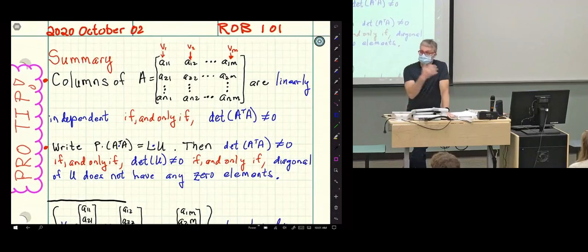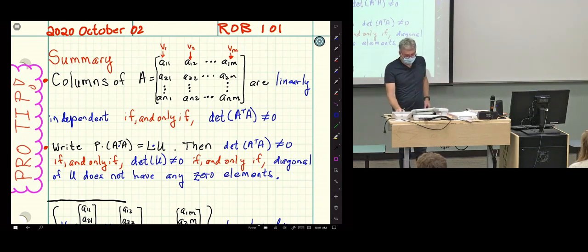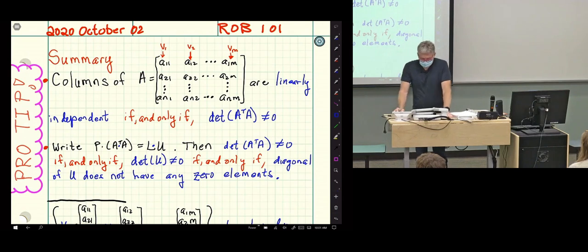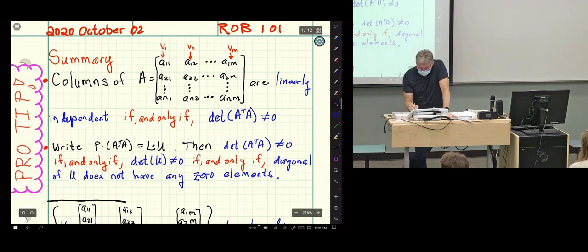We did some examples by hand and saw that it's no fun going through and checking all of those equations. So we had this pro tip. How do you do it in real life? You stack up the columns into a matrix, and then those vectors are linearly independent if and only if the determinant of A transpose A is non-zero.